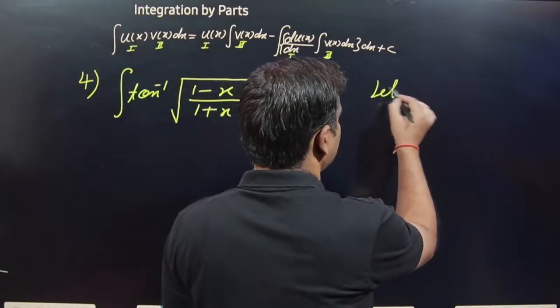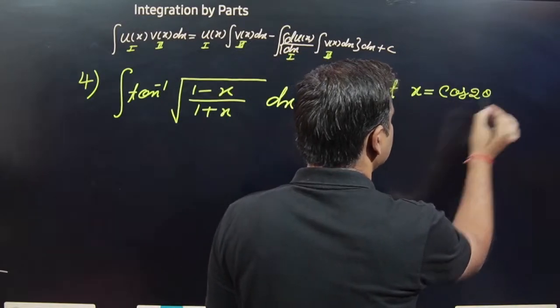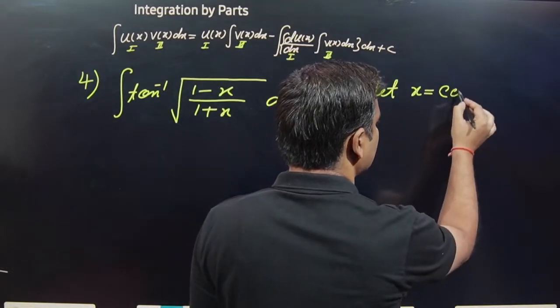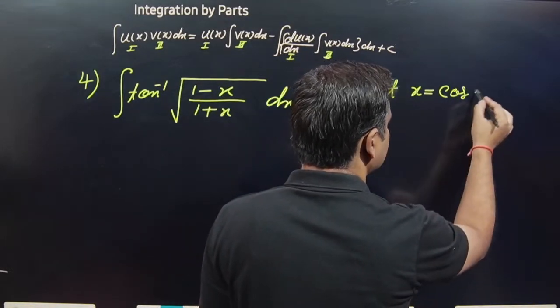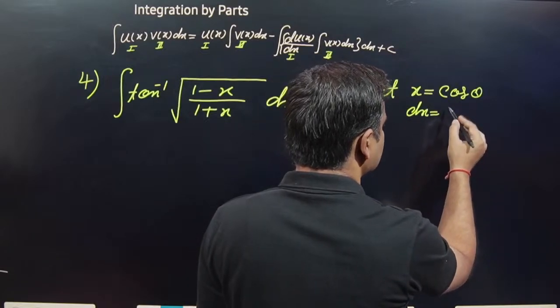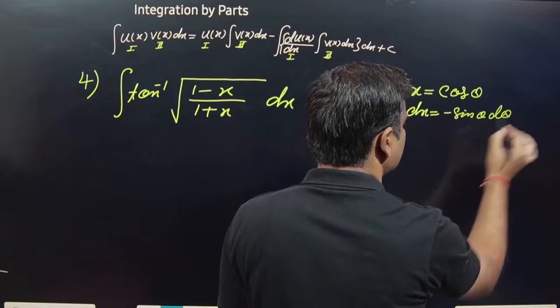So first of all, let x be equal to cos theta. Then dx is minus sin theta d theta. Clear?